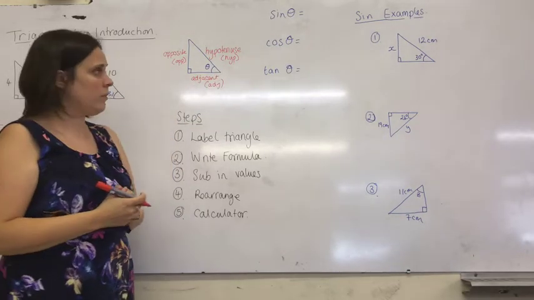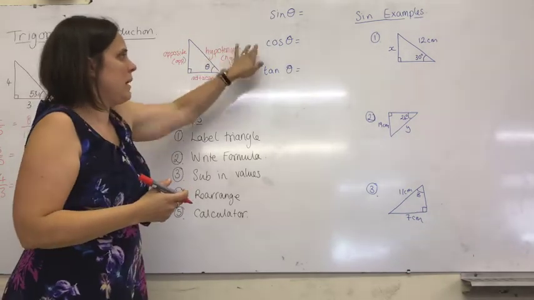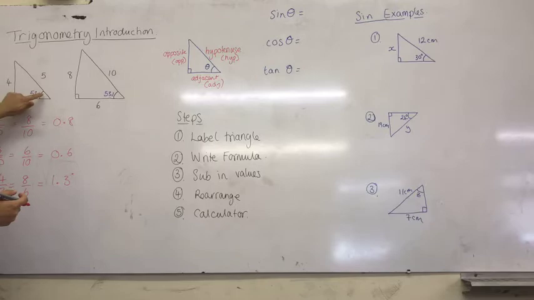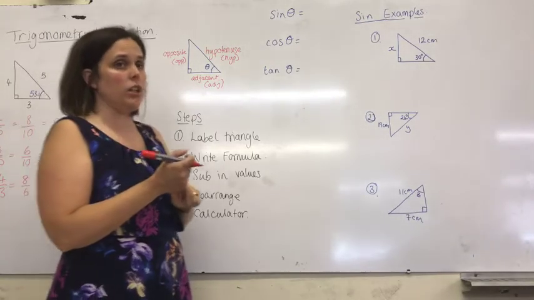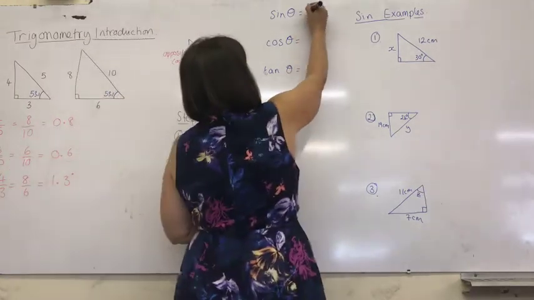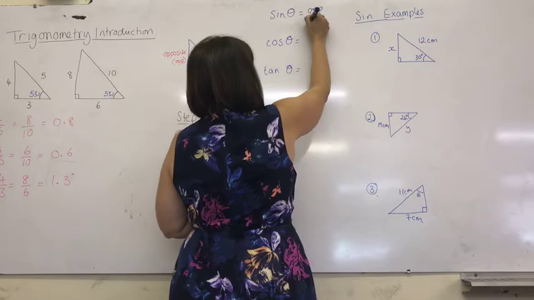Okay? Now, coming back to these, as I said here, these were the three ratios. So the 4 and the 5 came from us doing the opposite and the hypotenuse. So the ratio for sine is just opposite divided by hypotenuse.